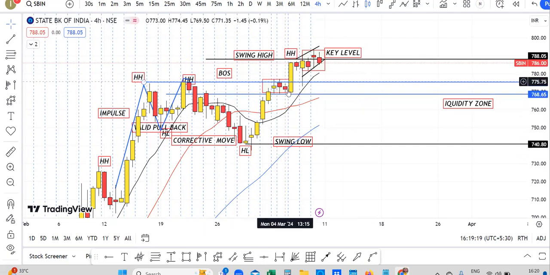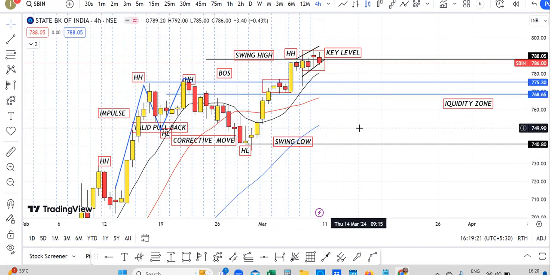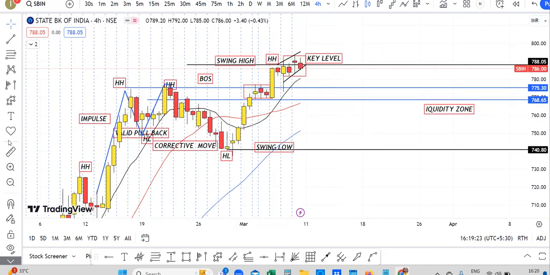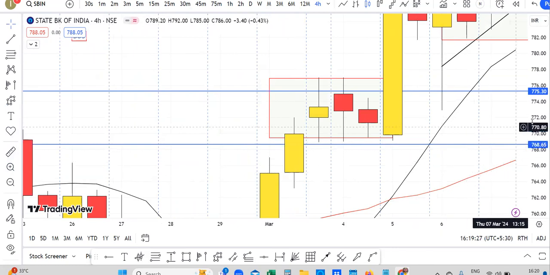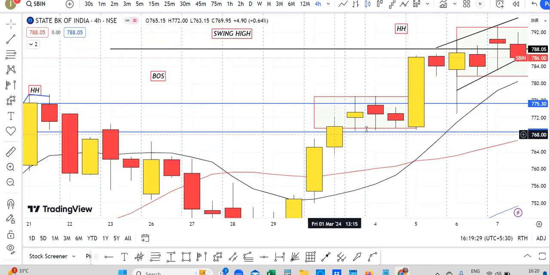So here in this case, in this zone, there is a pause, but it is not a valid pullback. I've already explained why. Because this is a pause, it did not go below the low of the highest candle.